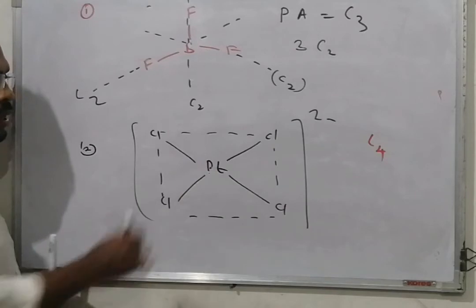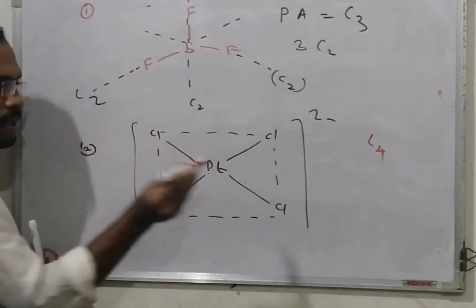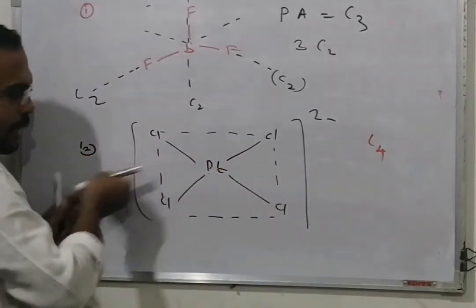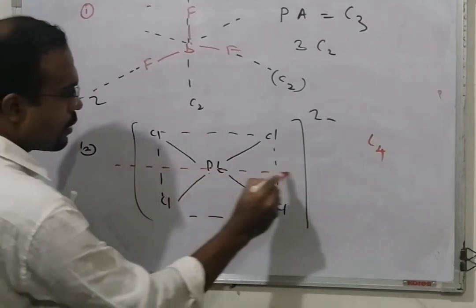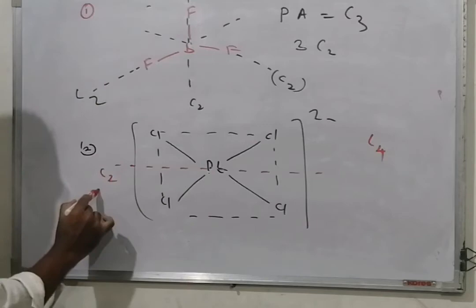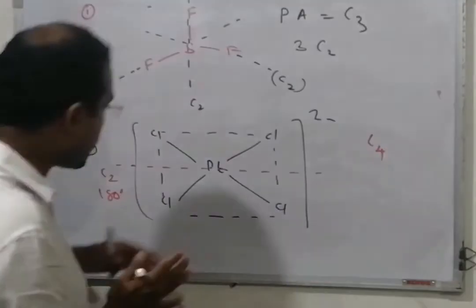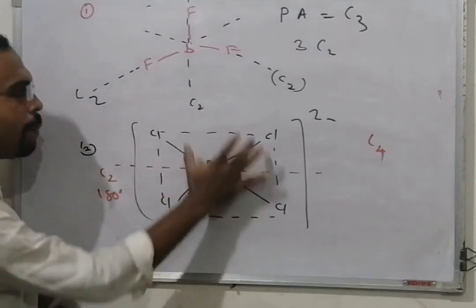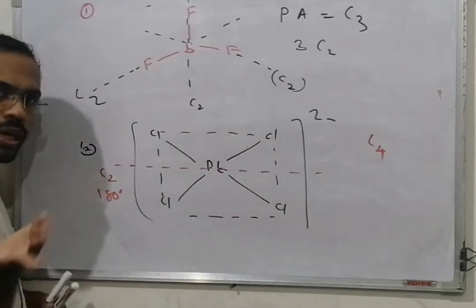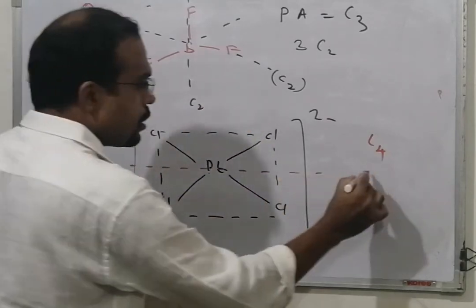Now you have this y-axis as the principal axis. Am I correct? X-axis, look at this x-axis. It is a C2, because when you rotate 180 degree, just imagine all this up, all this down. Same geometry. Therefore, it has C2 axis.